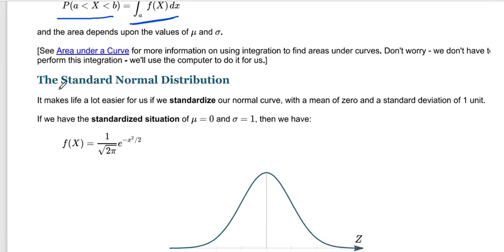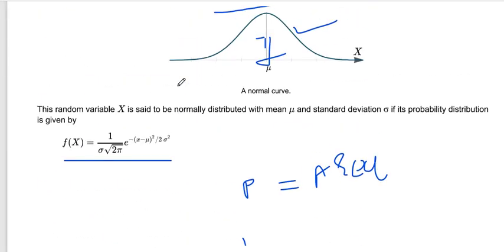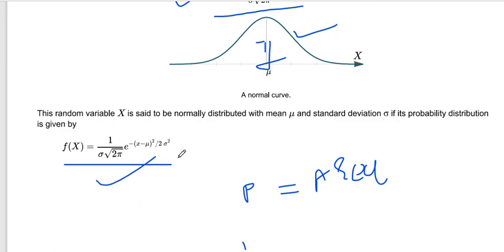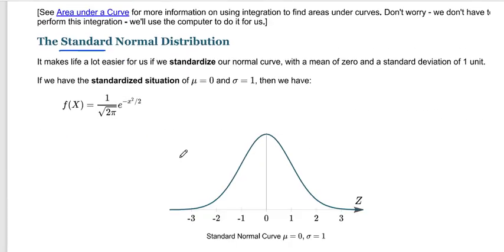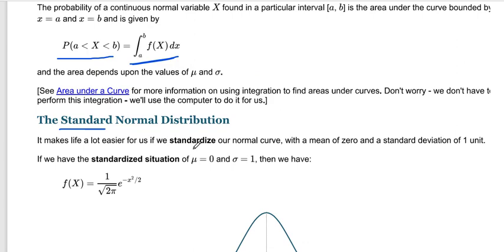Then this is important: the standard normal curve. As I said earlier, this is a difficult, complicated formula. Can we simplify it? Yes. How?